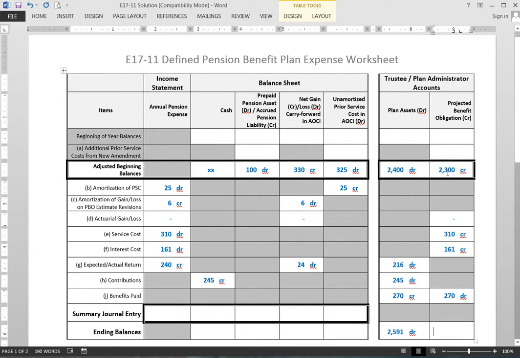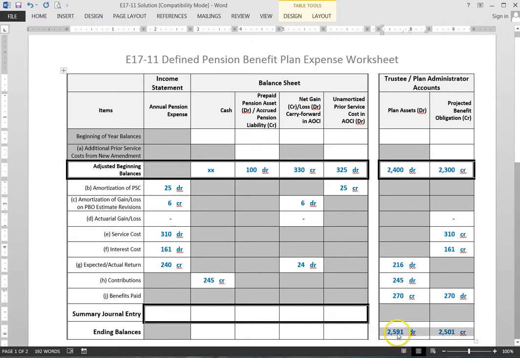Do the same thing for the PBO. Beginning balance of $2,300 plus $310 plus $161 minus $270, and that works out to a $2,501 credit balance in the PBO. This, by the way, then leaves me with a $90 debit balance.